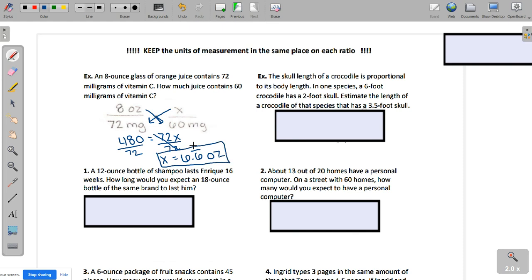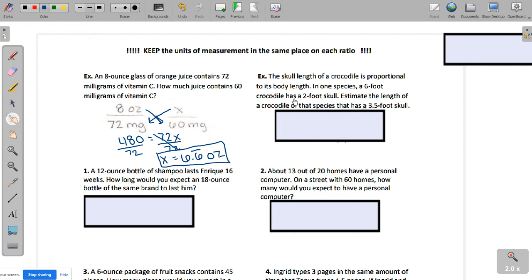Let's look at the next example. The skull length of a crocodile is proportional to its body. In one species, a 6-foot crocodile has a 2-foot skull. We need to estimate the length of the crocodile of that species with a 3.5-foot skull.